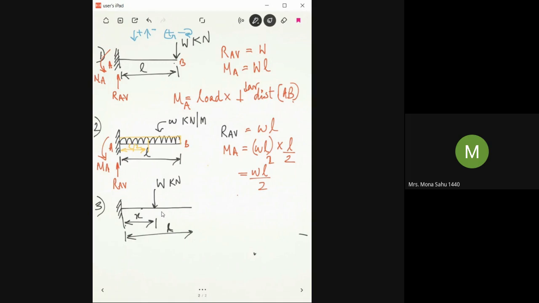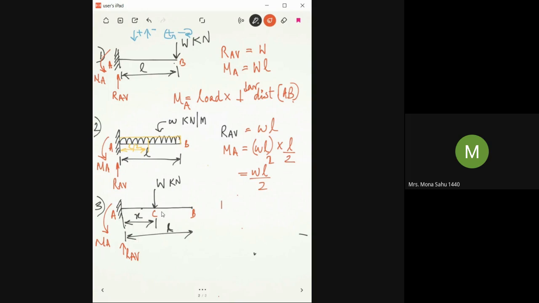Is it clear? So how many points do we have? We have A, B, and C. So you have a reaction force obviously, RAV, and a moment at A, reaction moment.